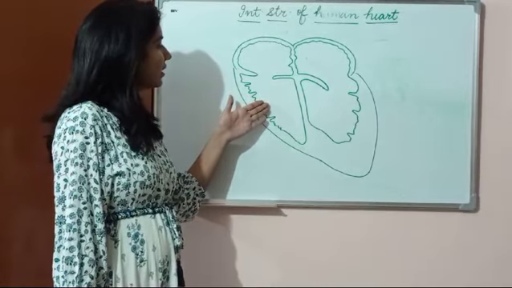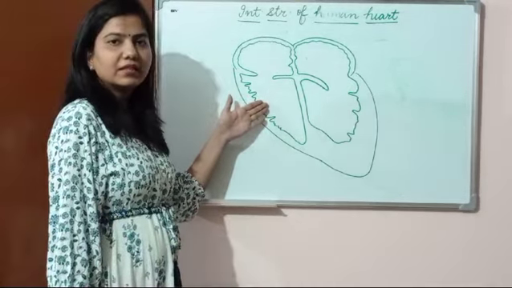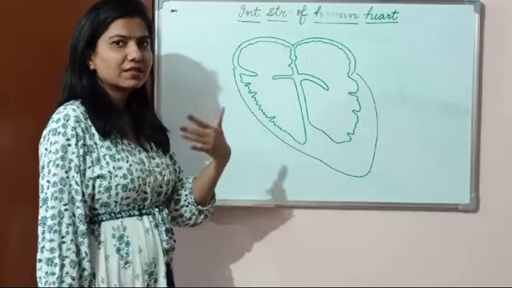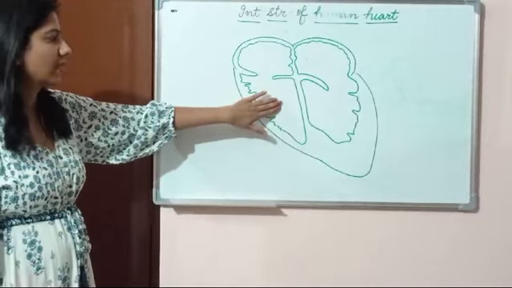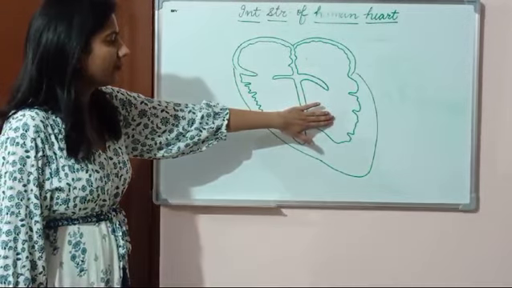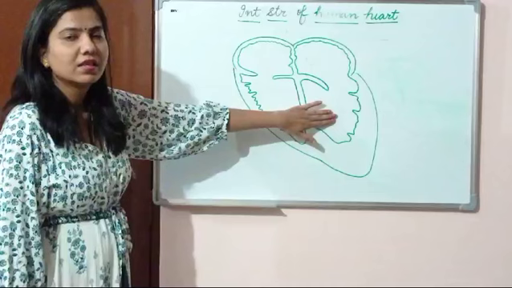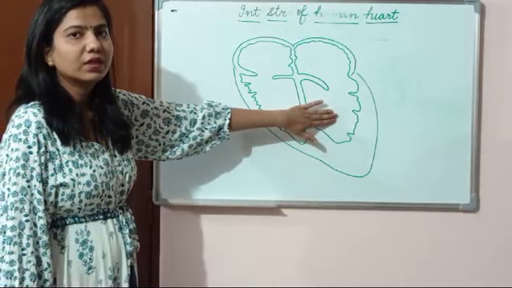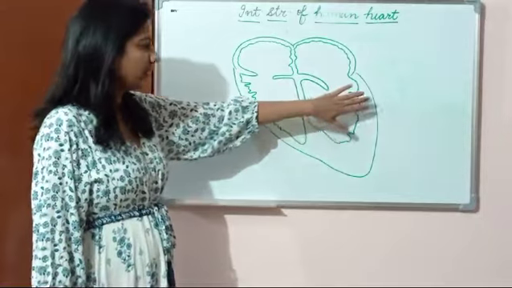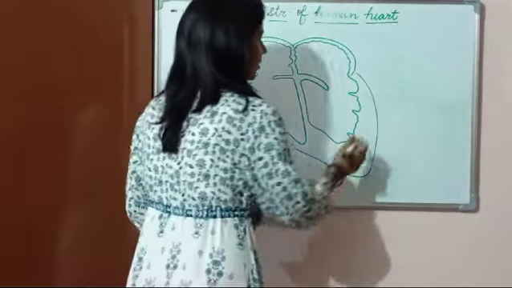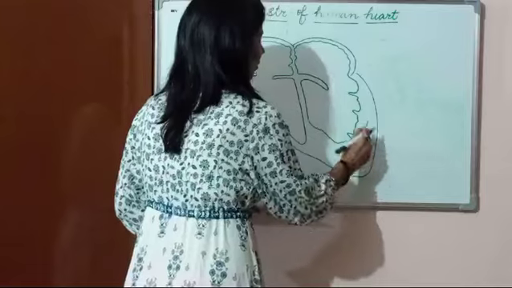The right ventricle pumps blood to the lungs, so this is a somewhat shorter distance. But the left ventricle has to pump blood to all the different body parts, so its wall is highly muscular. Highly thick wall, you can see here.